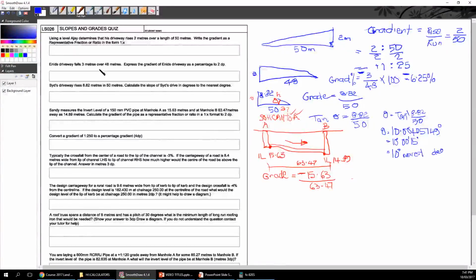Now what we do here is we divide, I'll just put that in blue maybe. It's a fraction, but we can put it as a ratio just by getting it so that we want 1 on the top. So we divide by 15.63 to make that 1, and we do the same on the bottom.